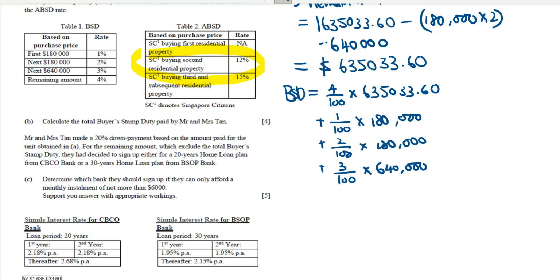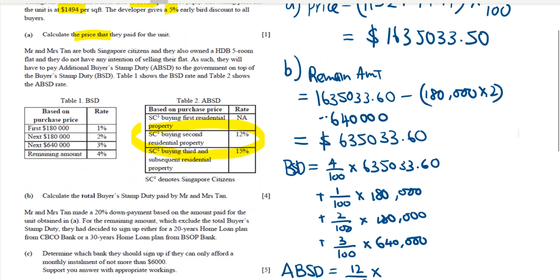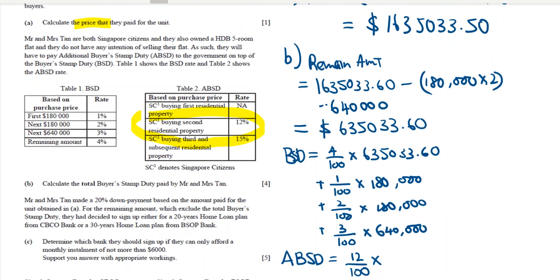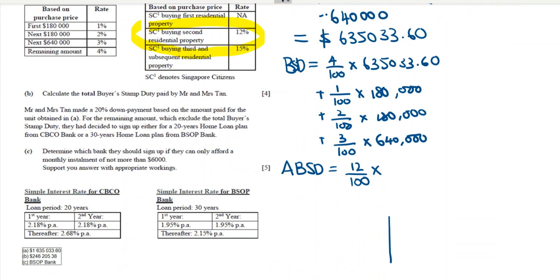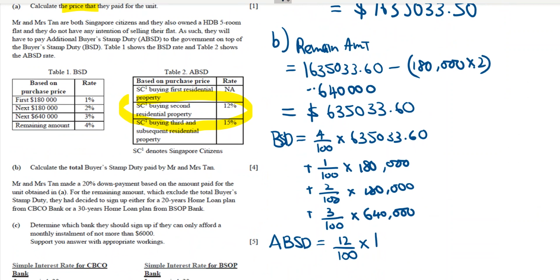A lot of real world application is about understanding the question, understanding what the question wants, and understanding how to apply your mathematical stuff to the question correctly. ABSD is equals to 12% of the second property. How much is the condo? It is 1.6 million, 1635033.50.